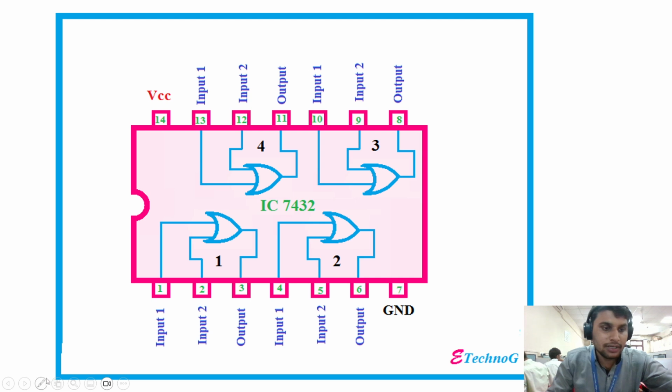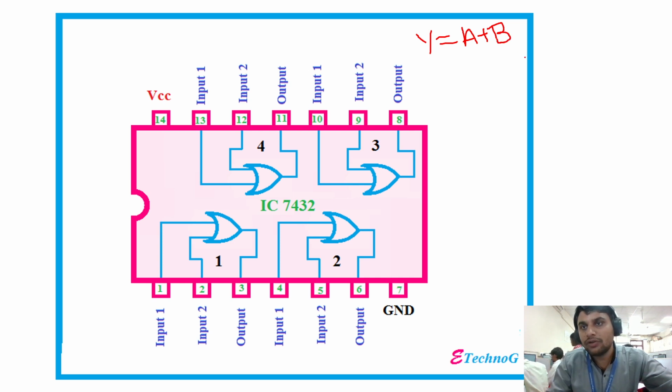The output condition of the OR gate is Y equals A plus B.